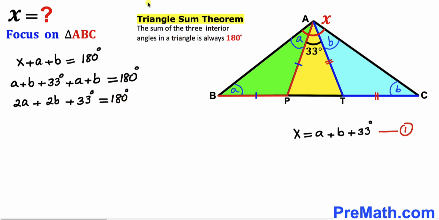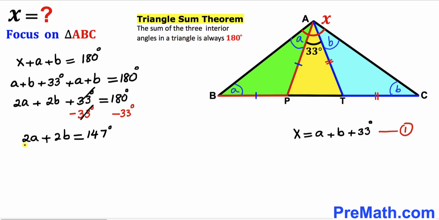Now I'm going to subtract 33 degrees from both sides. Here we can see this 33 degrees and negative 33 degrees cancel each other out. So we end up with 2 times a plus 2 times b equal to, on the right hand side, 147 degrees.